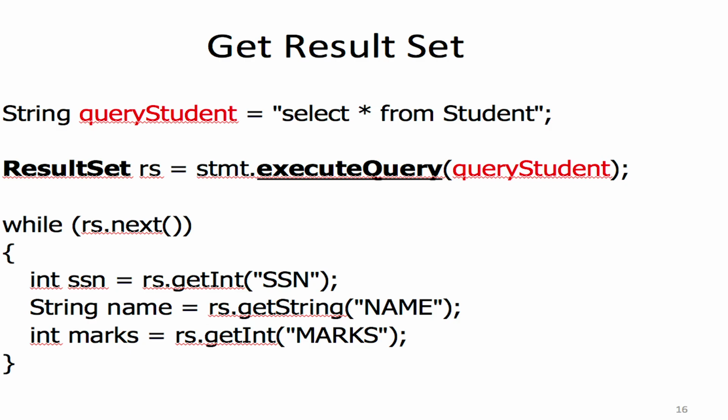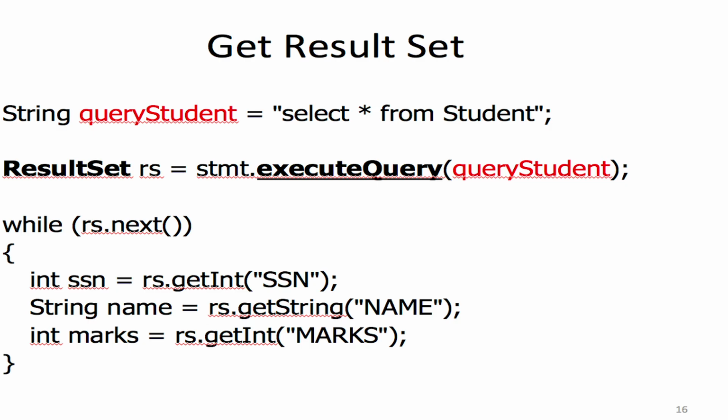By this line we are creating a blank statement, st equals con.createStatement. st is a reference of this created statement. Here see this query. We have mentioned a new query statement. queryStudent is a new variable, and under this variable we have written select asterisk from student.